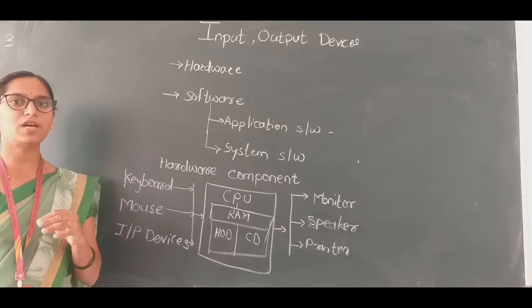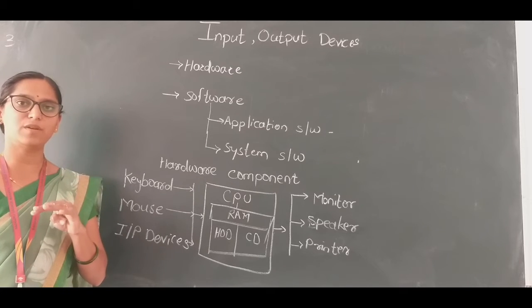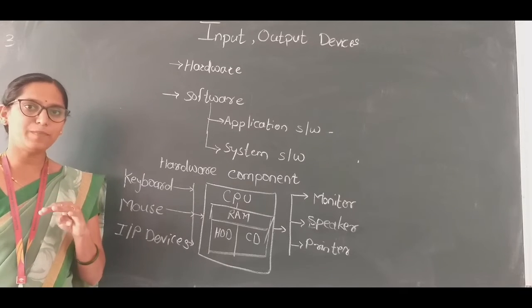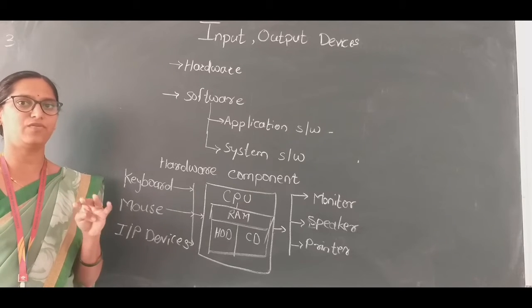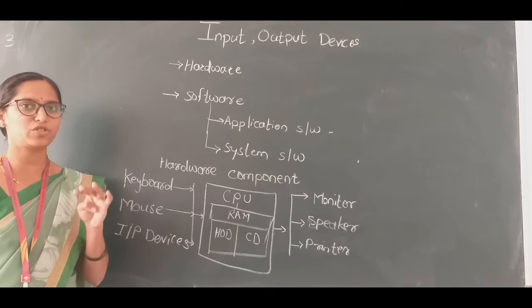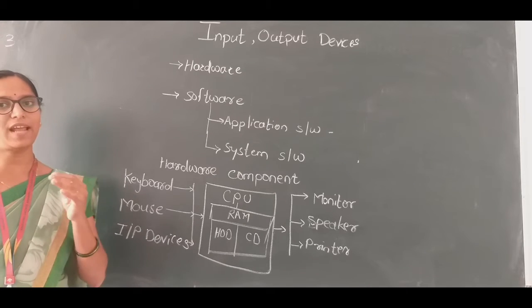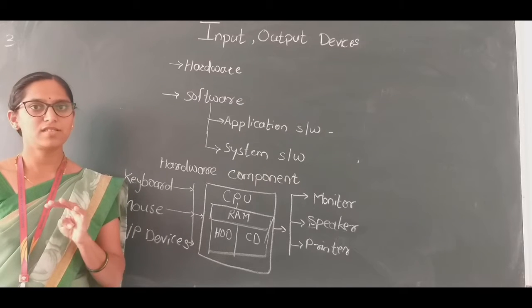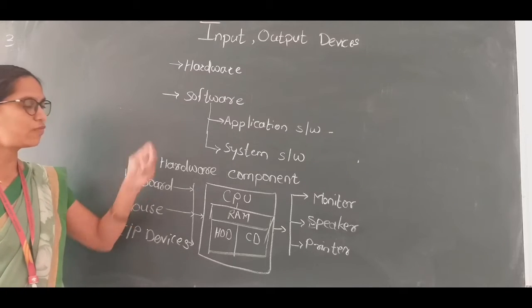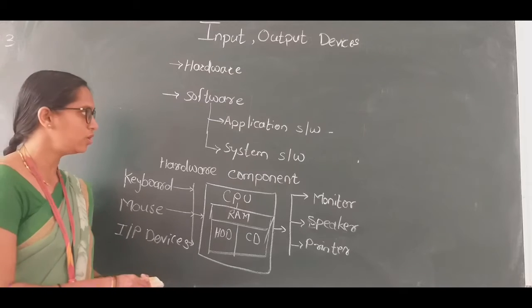Because the system can provide the platform. On that platform, the user can use different applications, giving different instructions or operations. That's why the user can access the applications. Which application? A user application. Okay.